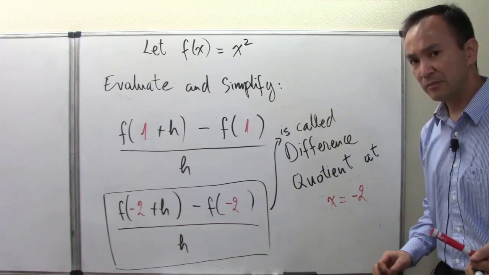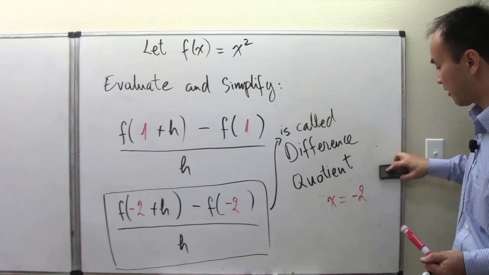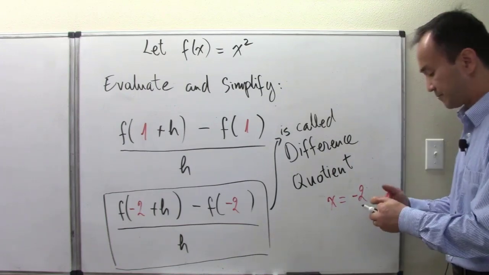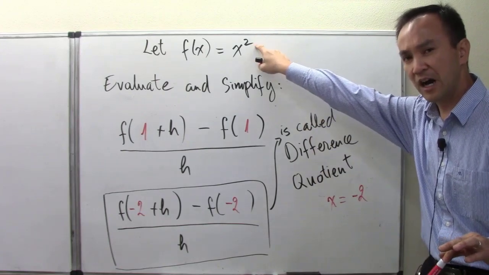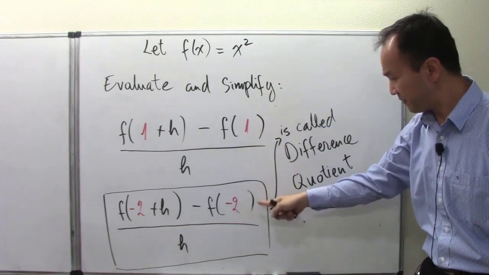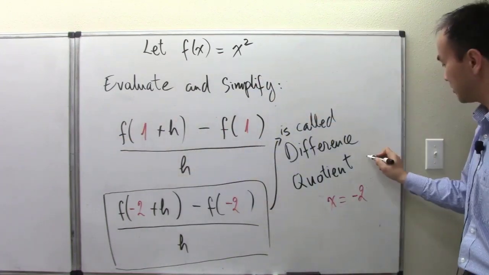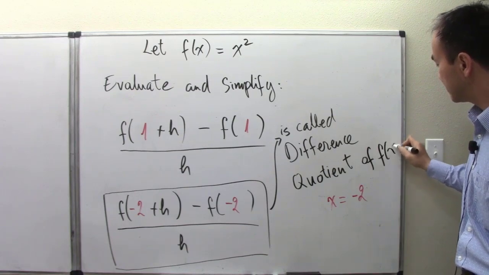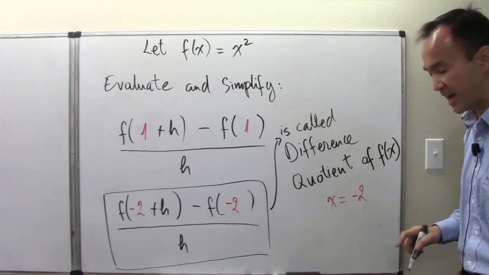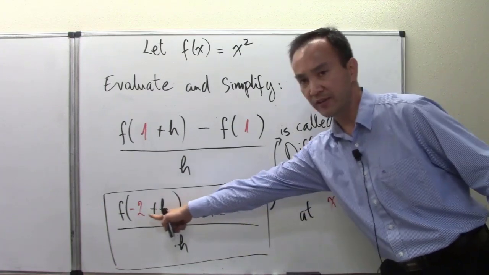Now, to be even more precise, I should have also added in this term the difference quotient of that function, because every one has that function attached to it. So precisely speaking, it's the difference quotient of the specific function f of x at this designated given value.